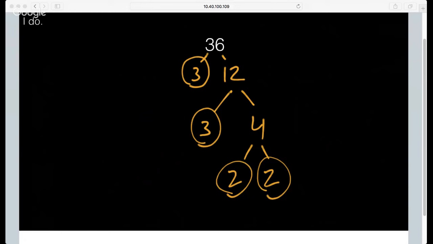So 36 broken down is going to be 2 3s and 2 2s, and so we can write it like this: 3 times 3 and 2 times 2. And that would be the prime factorization of 36.